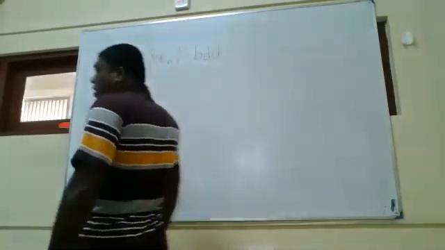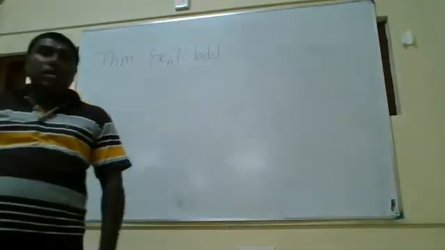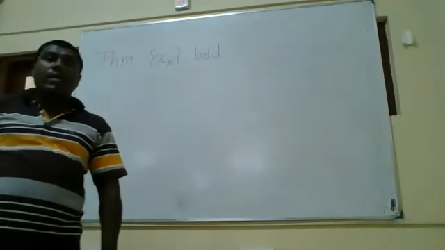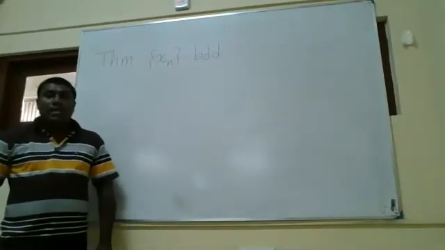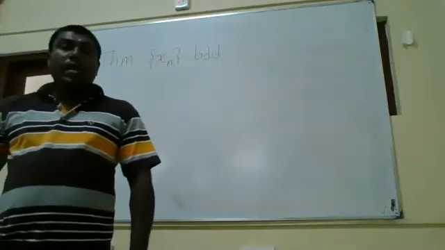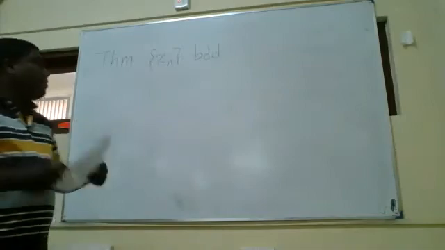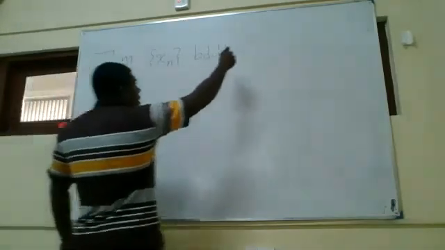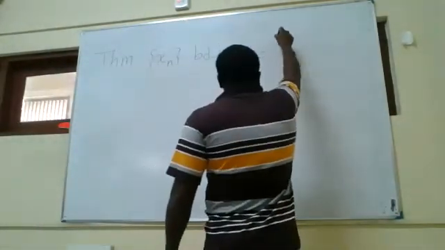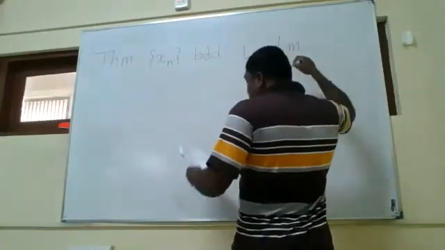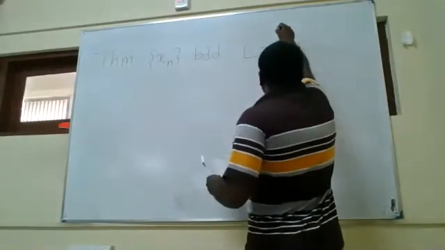We should have a bounded sequence first. So xn is a bounded sequence, and we name L the upper limit.